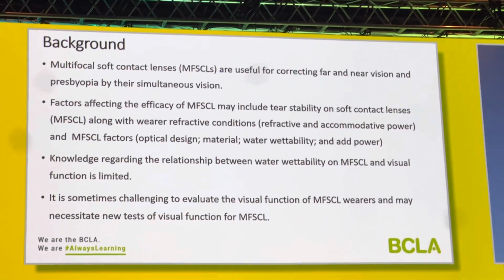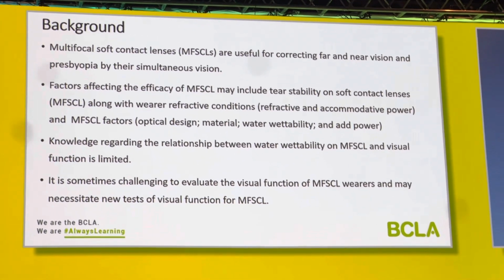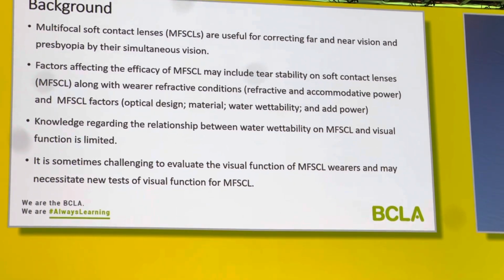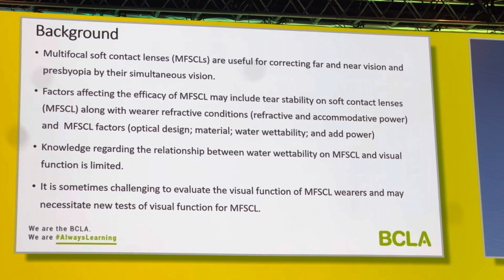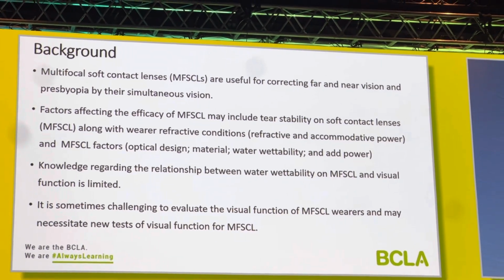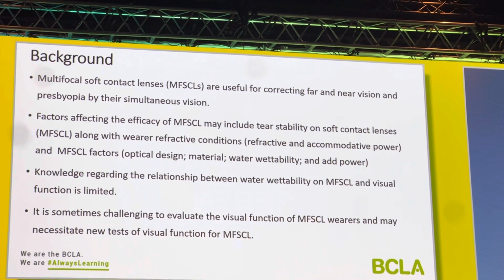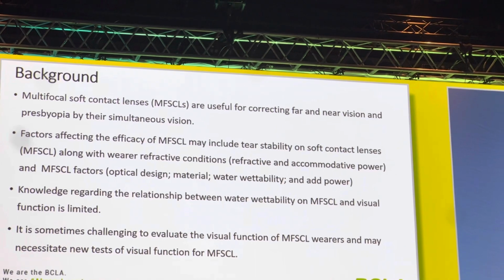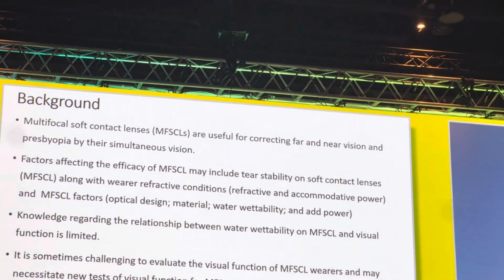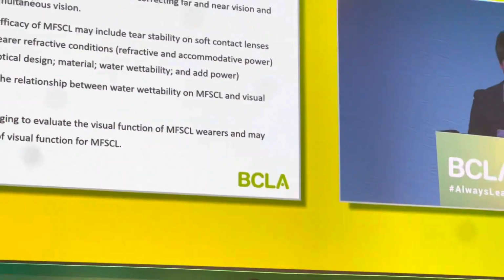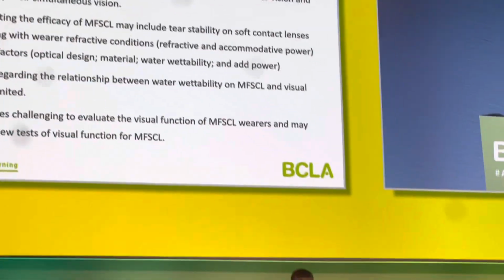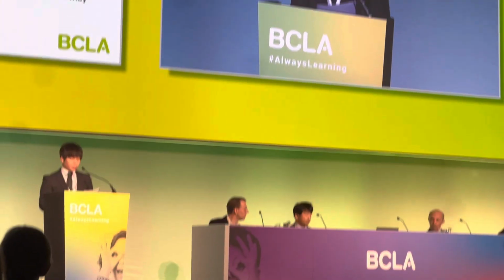Factors affecting the efficacy of MFSCL may include tear stability on the soft contact lens (SCL), along with wearer refractive conditions, refractive and accommodative power, and MFSCL factors: optical design, material, tear film stability, and power. Knowledge regarding the relationship between tear film stability on MFSCL and visual function is limited.